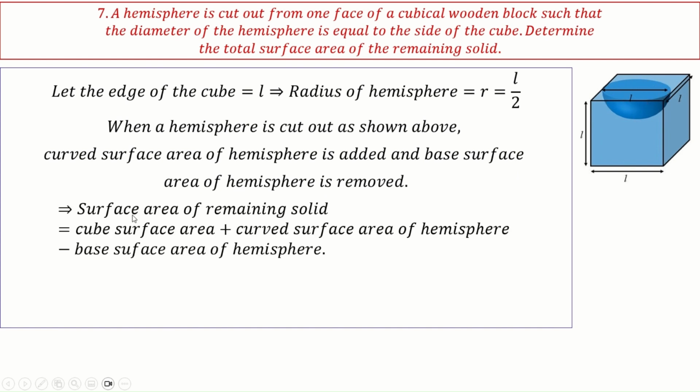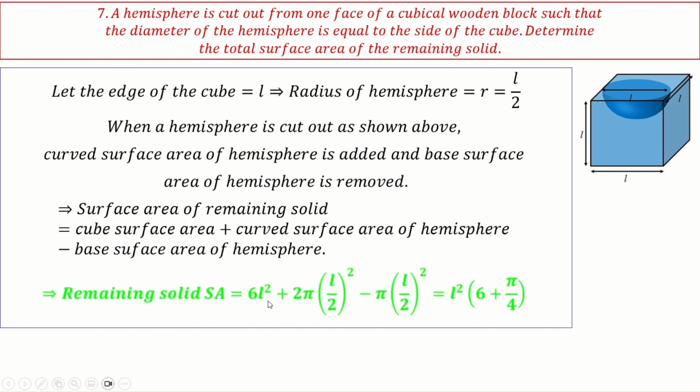So the surface area of the remaining solid equals cube surface area plus curved surface area of the hemisphere minus base surface area of the hemisphere, because it is replaced in that area. Which is 6 L square plus 2 pi (L by 2) whole square minus pi (L by 2) whole square, which is L square into (6 plus pi by 4). This is the value you'll get.